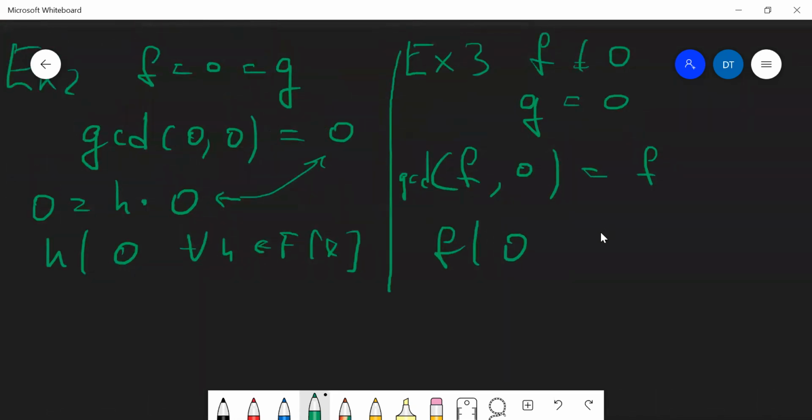So this is just by definition. In this particular case, it's very easy to compute the greatest common divisor. You just take the non-zero one. Okay. So how do you compute the greatest common divisor in general?